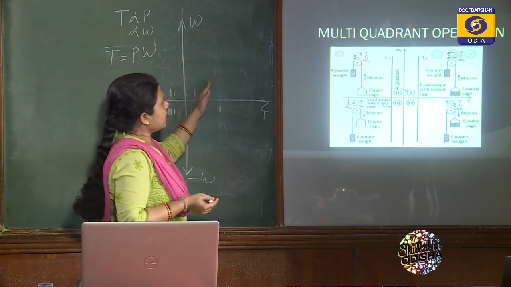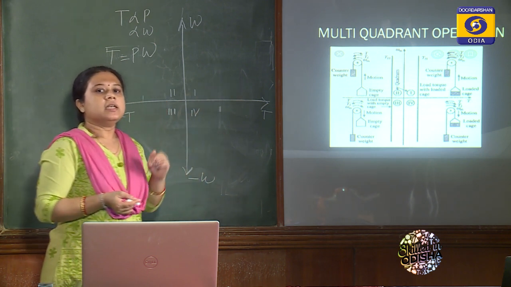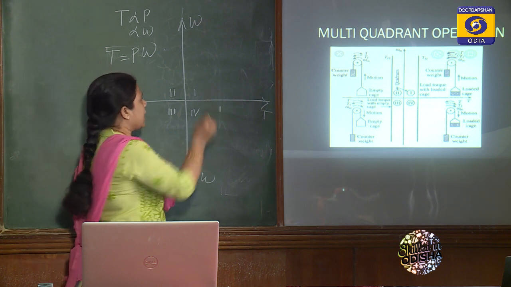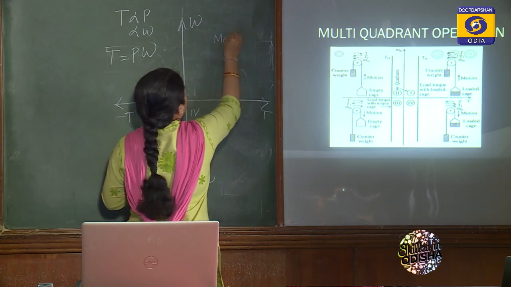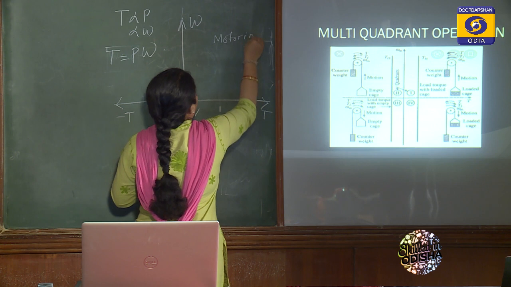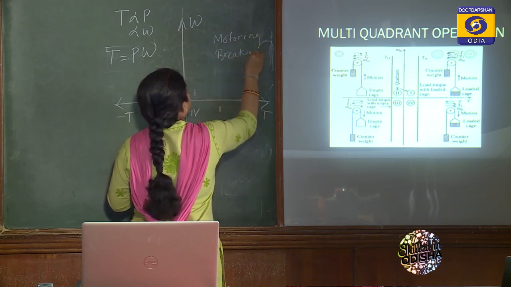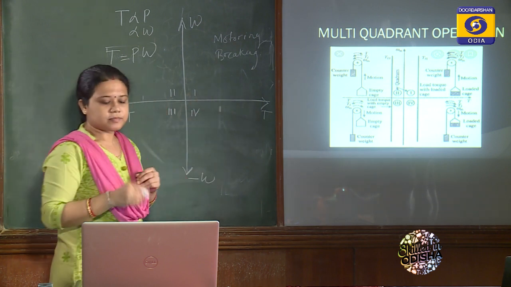So in multi-quadrant operation, generally there are two modes: one is motoring mode and one is braking mode. So what is this motoring mode and what is this braking mode?